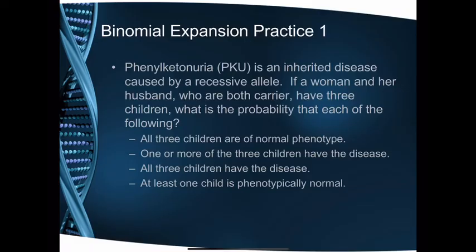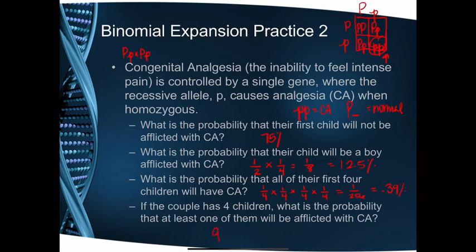So 99.38% chance that one of them will have CA. If they have 4 children, what's the probability that at least one of them will have CA? 99.38% chance. Okay?